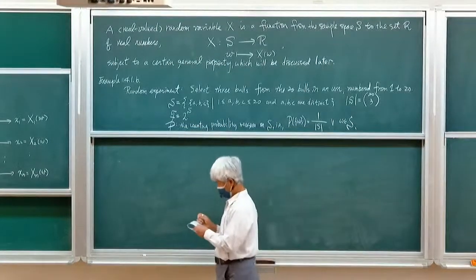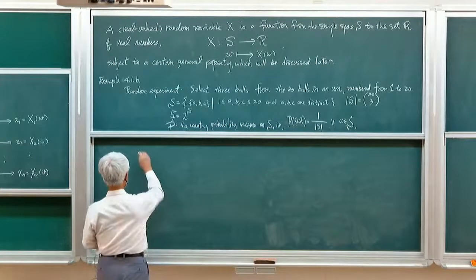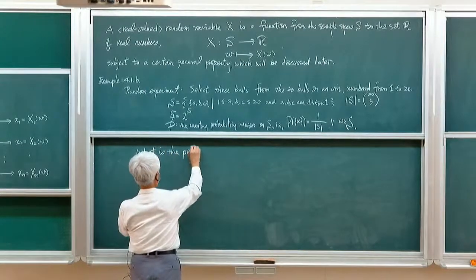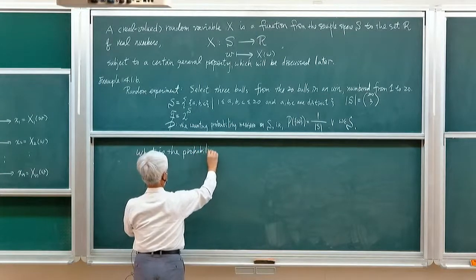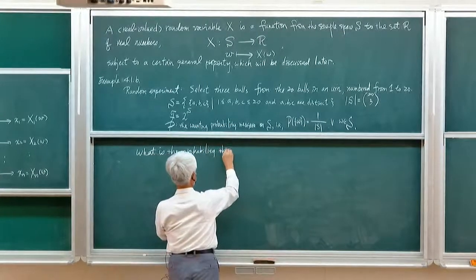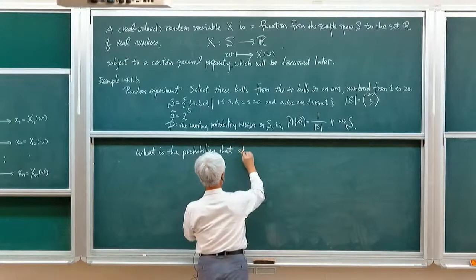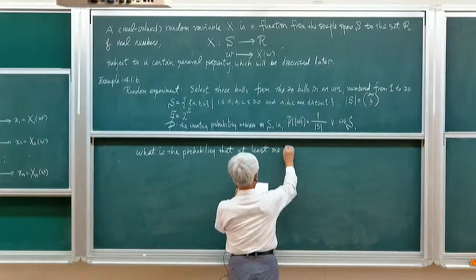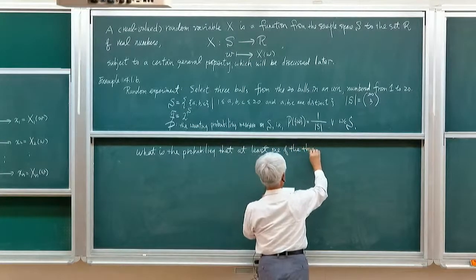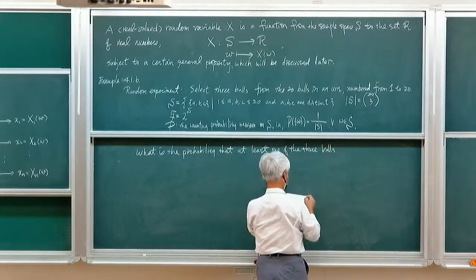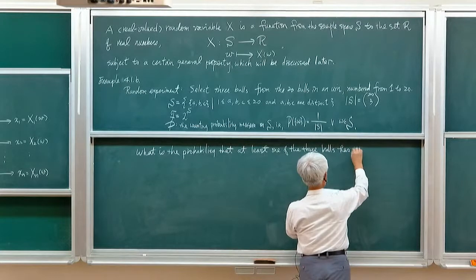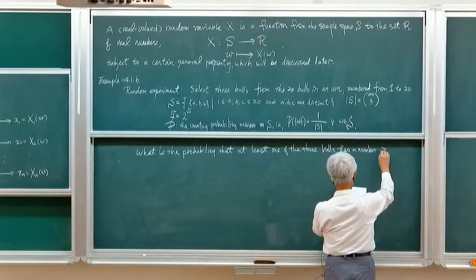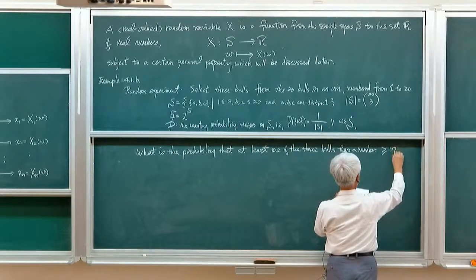Now, we are asking what is the probability that at least one of the 3 balls has a number greater than or equal to 17.